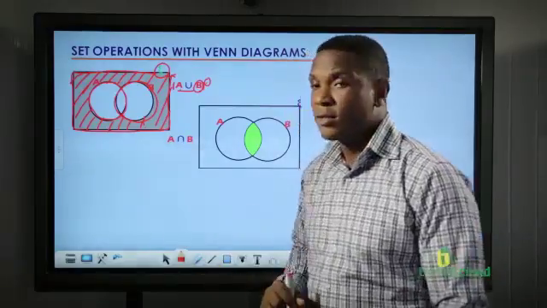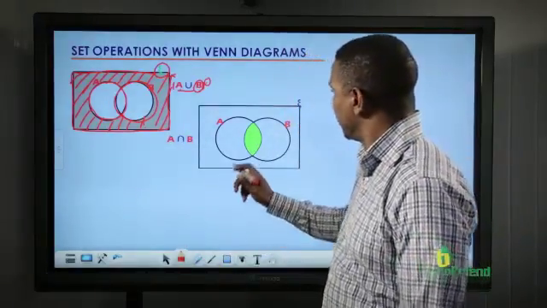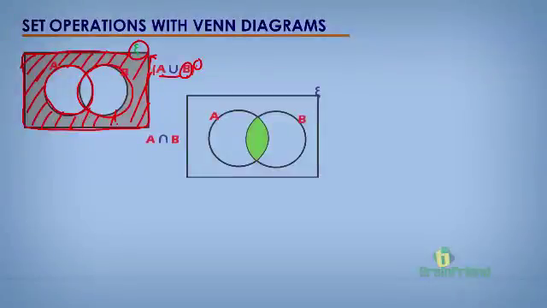Let's take a look at the second example we have here. This is the Venn diagram of the operation A intersection B. Again, we have our rectangle that represents our universal set. The universal set is the set of every element under consideration in our given sets A and B. Our member sets A and B are members of our universal set, and A is represented as a circle.